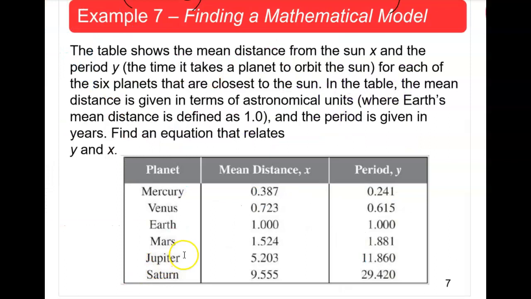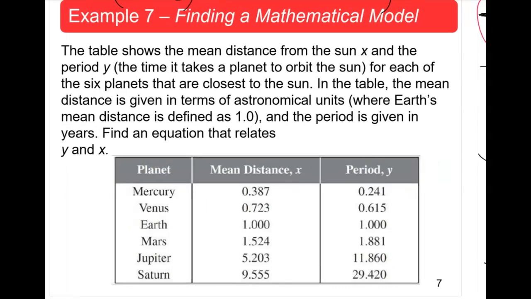For example 7, we're going to be finding a mathematical model. And I'm going to read from the slide. So it says the table shows the mean distance from the sun, x, and the period, y. So the mean distance from the sun, and here we're going to look at the different planets that you have listed here. Here are the planets.